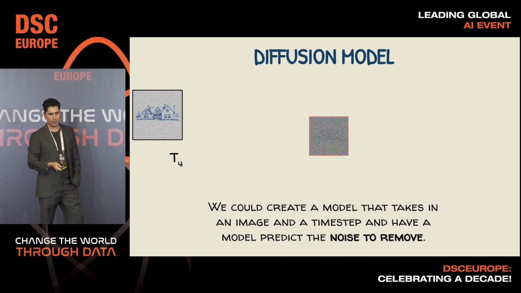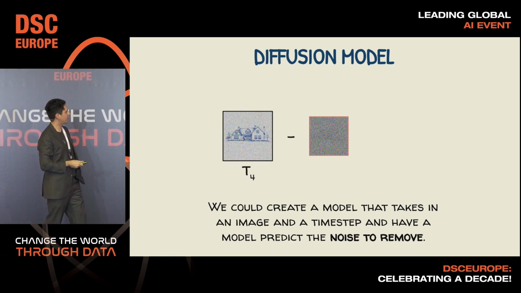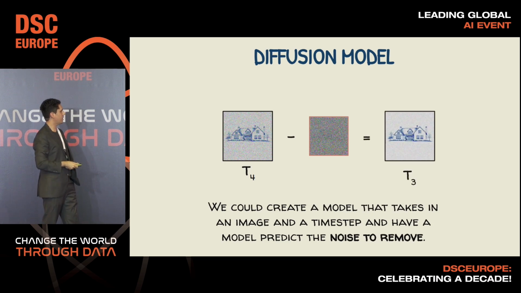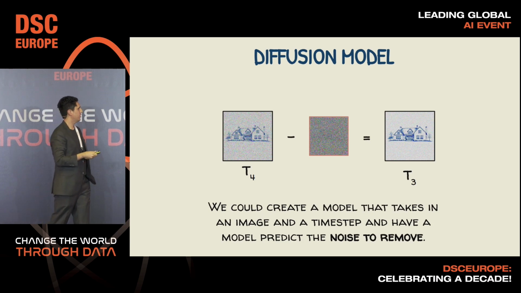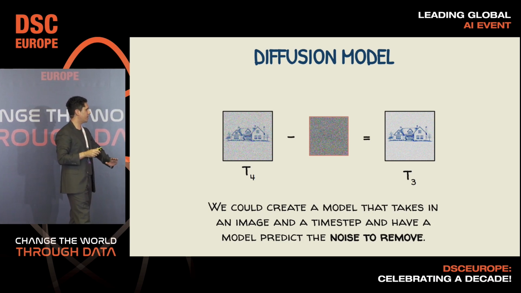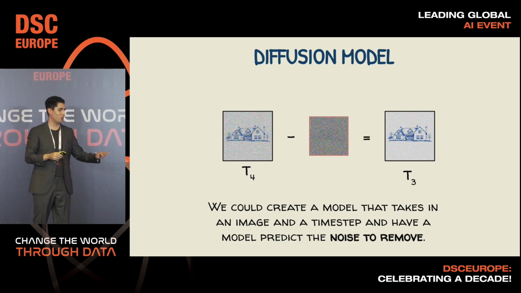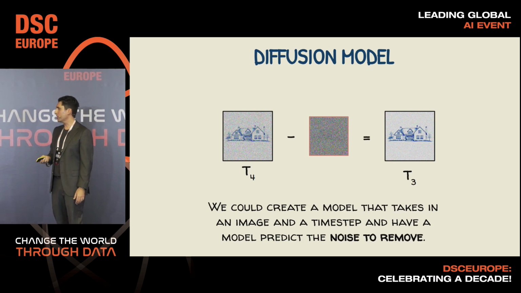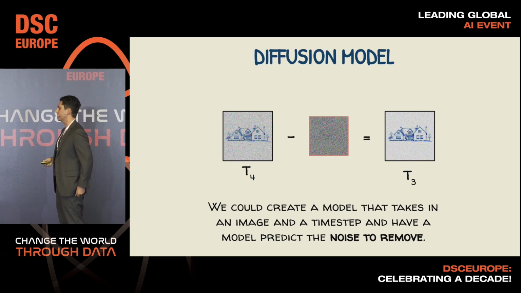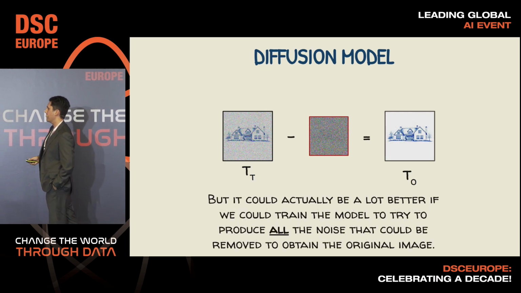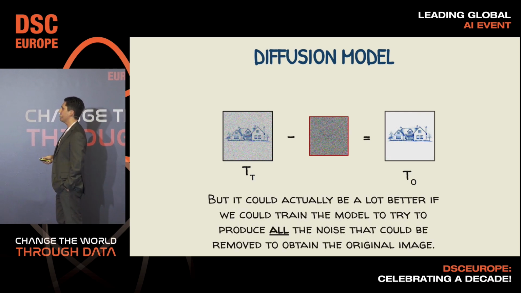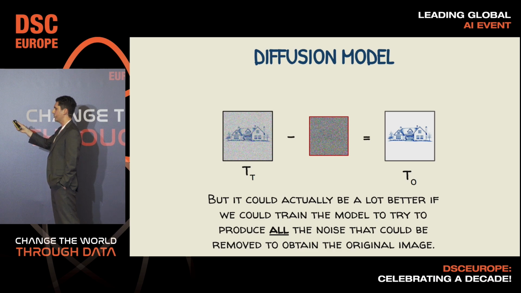So here we have the noise, and then I could take that noise, subtract it from that image, and if everything works well, I would go one time step forward. So that's kind of thinking, I guess, level one, so to speak. But if we're more clever about this, and we'll start to reflect what actually happens in the paper, it would actually be a lot better if I could just train the model to try to produce all the noise that could be removed to obtain the original image.